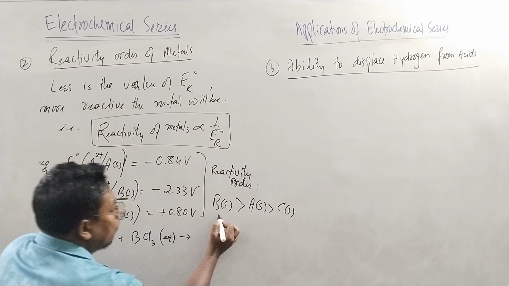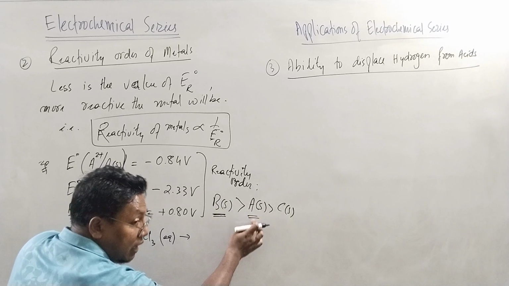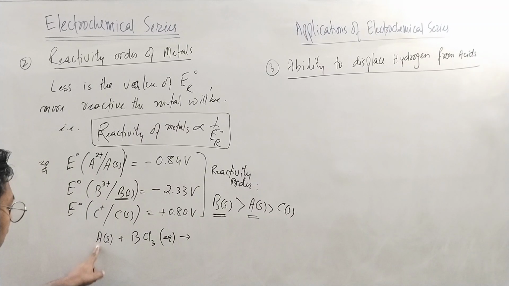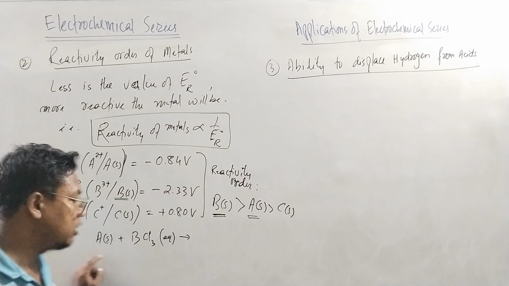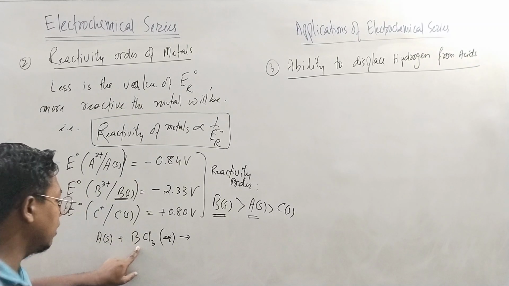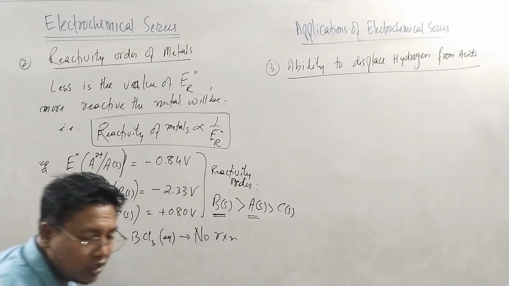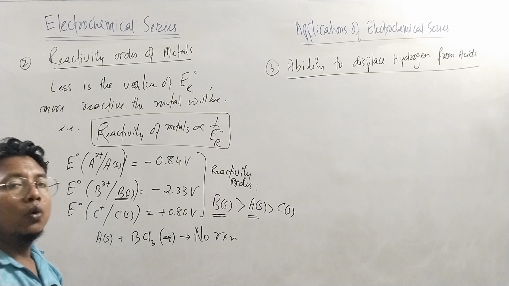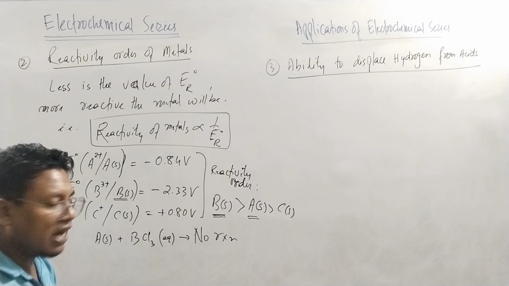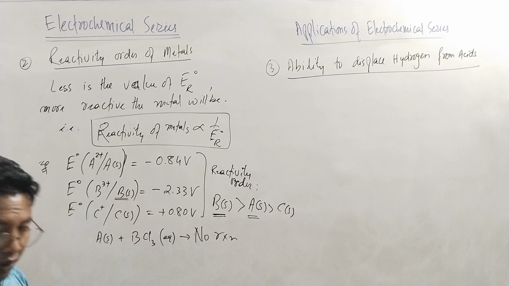Here we have already known that B solid is more reactive than A, so A is less reactive than B, so A will not be able to displace B over here. So no displacement reaction will take place. A more reactive metal will be able to displace a less reactive metal from its salt solution. Okay, there will be no reaction.